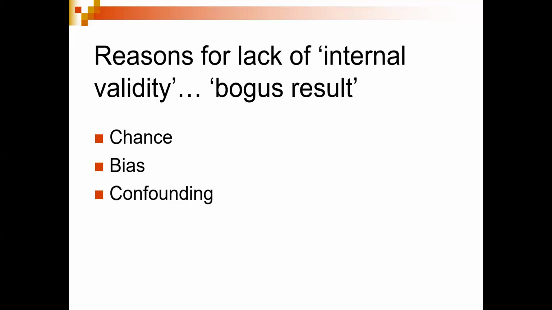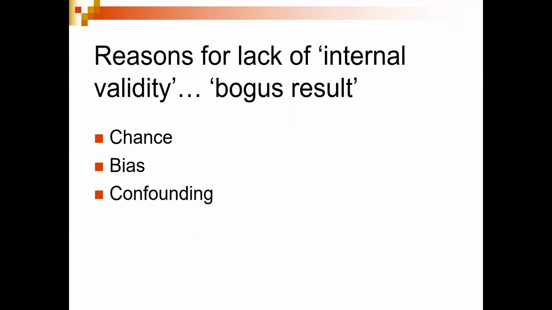The internal one is the study setting, and it asks whether the study is measuring what it intends to measure. So the result you get, you can then use to infer to your population.